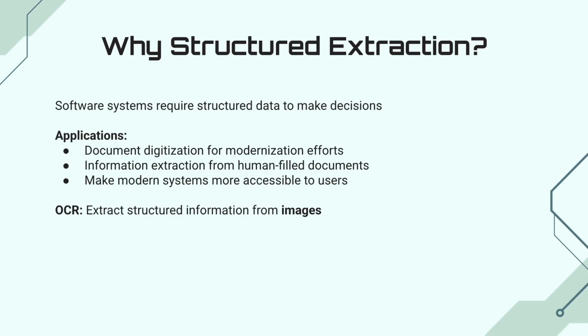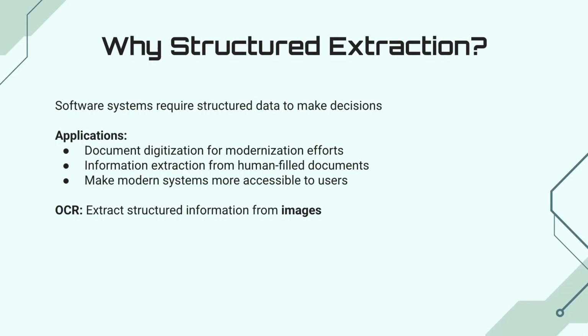Structured extraction is relevant for basically any software system because we need structured data to make decisions. And there are a lot of applications in various domains. A lot of companies are trying to modernize by turning their documents into digital documents, and even for stuff like RAG and LLMs.